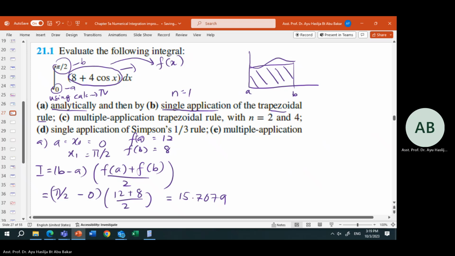We get the same? Remember radian mode. If you use degree, you will get a different answer.